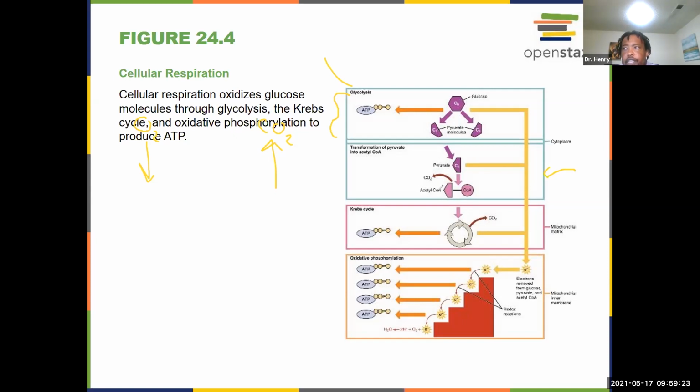So this pyruvate has to be changed into acetyl-CoA, otherwise it won't be transferred into the mitochondria. It won't be accepted in there. It has to go through that transition, otherwise it's not accepted, okay? It gets in here, it goes into the Krebs cycle. The Krebs cycle is where we're actually going to be breaking down those sugar molecules, and then we're going to be making more CO2.